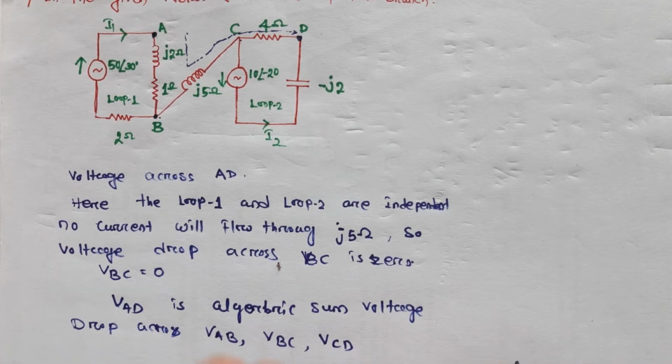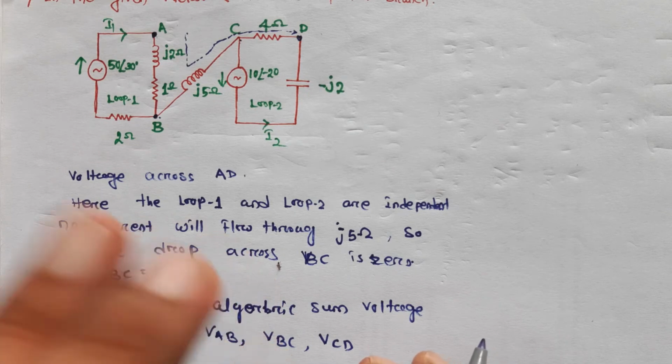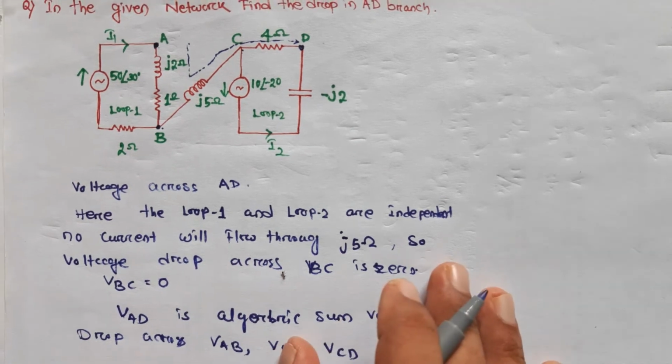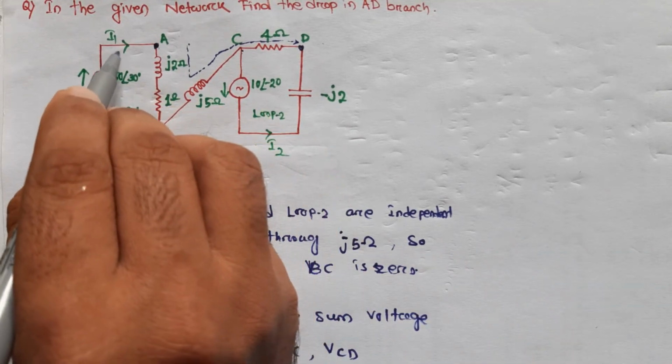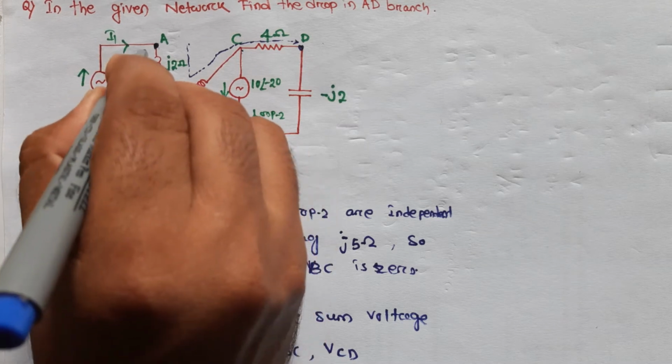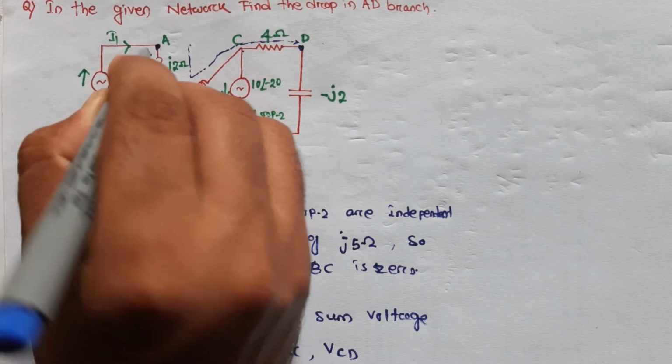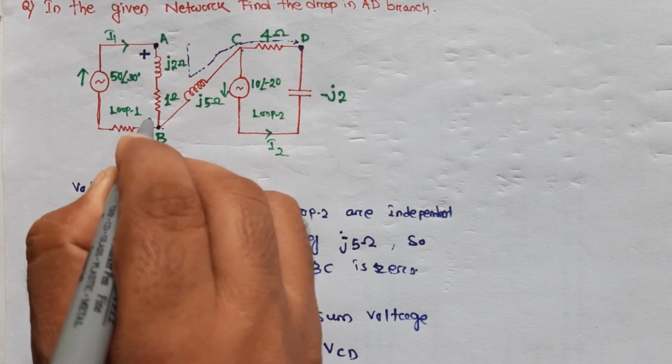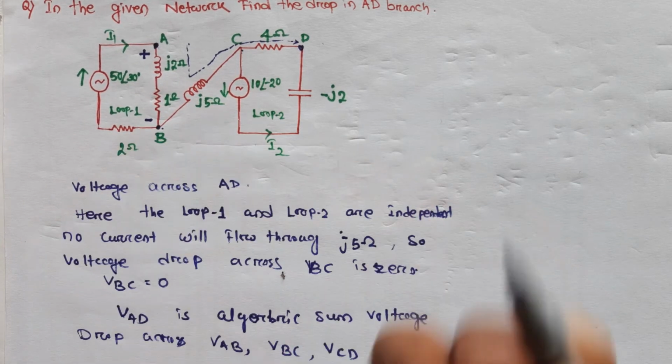For finding the algebraic sum we first need to mark the polarity. You can see the I1 current is flowing like this, so it enters at point A and leaves from B, so this is plus and minus like that.